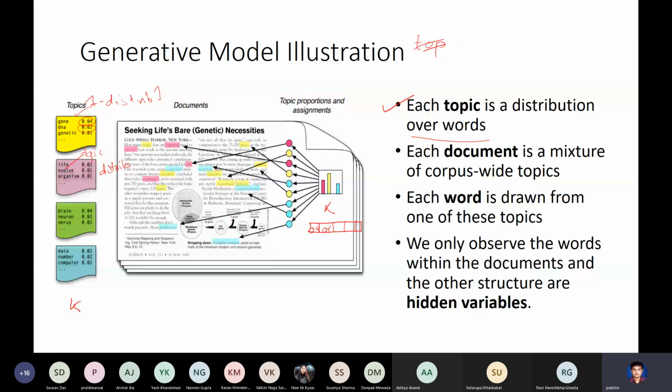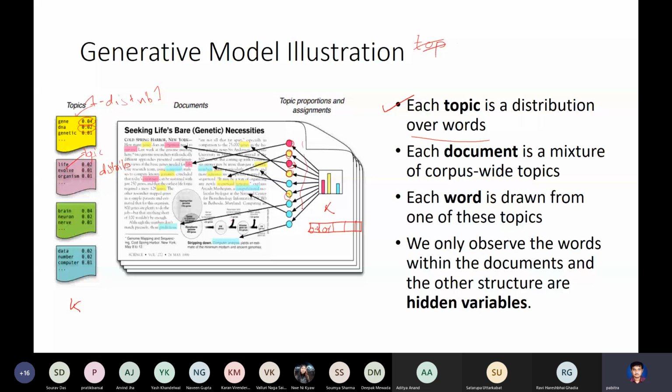Okay, and I mix them, and I say one particular such mixture is a document. Say, for example, this is a mixture of 2 pink, 3 yellow, and 4 blue. 2:3:4. This mixture I make.